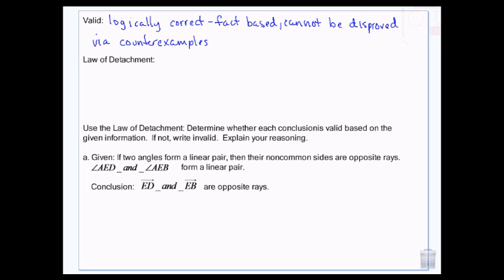Okay. The law of detachment is one way to use deduction. It's a valid deductive reasoning.